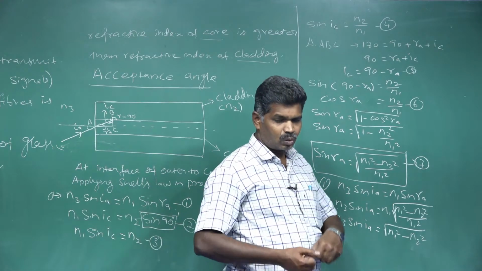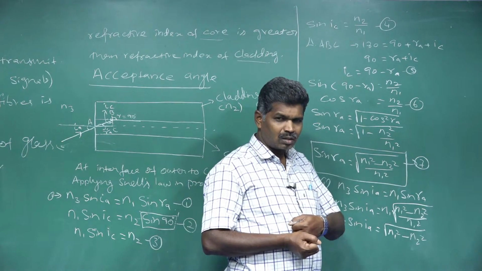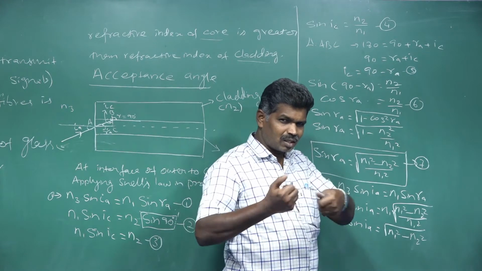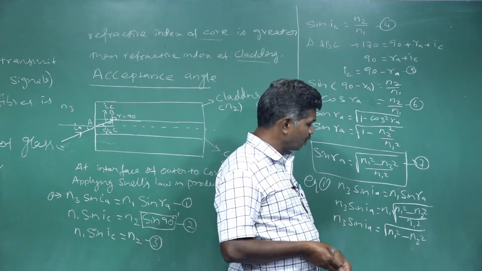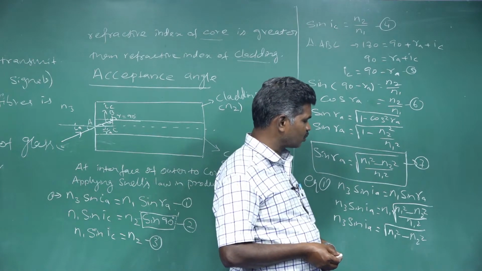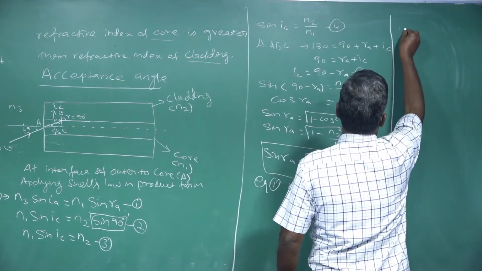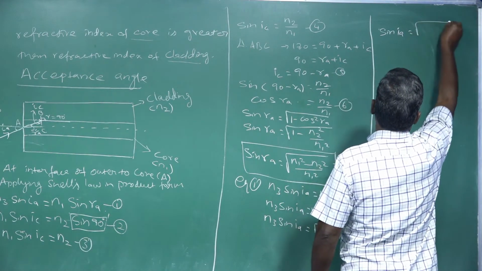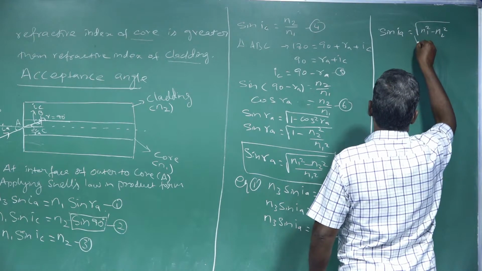Next we are going to get the acceptance angle. The angle at which the light signal enters from outside into the core is called the acceptance angle. That is what we need, and from this equation we are going to take it. So n3 sin IA equal to the square root of n1 squared minus n2 squared is going to be rearranged as sin IA equal to the square root of n1 squared minus n2 squared, with n3 squared taken inside the square root.